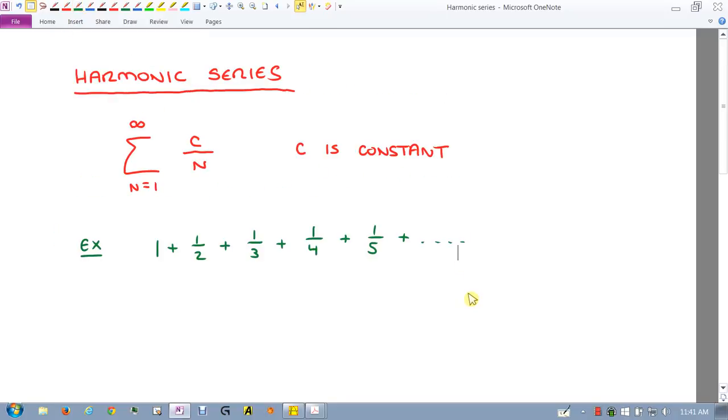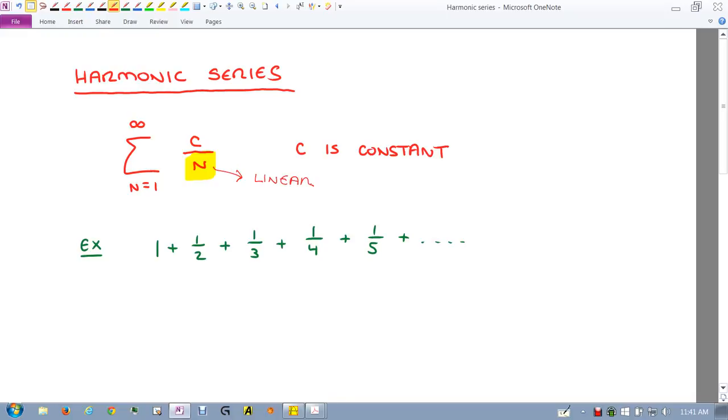What I want you to recognize with a harmonic series, this is extremely important, is notice that the n, the thing that's under control by the index, is in the denominator, right? N doesn't appear anywhere else. It's not in the numerator, it's not in an exponent. It's in the denominator. And this is linear.